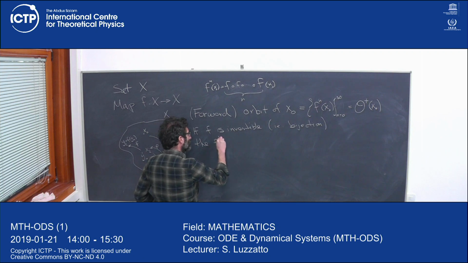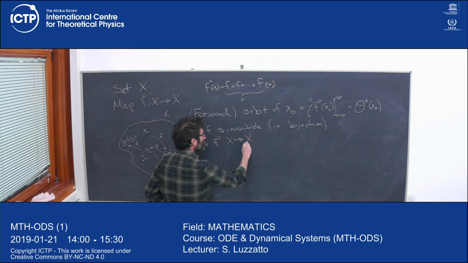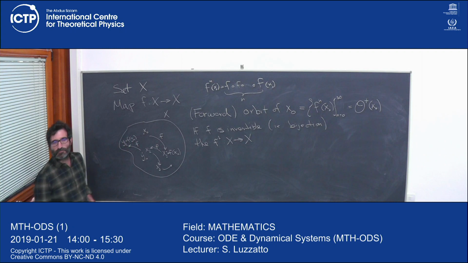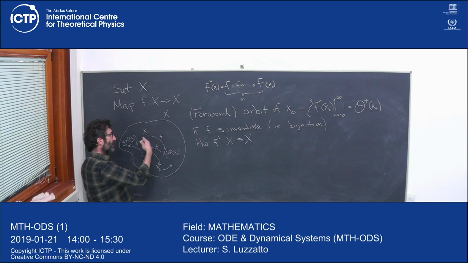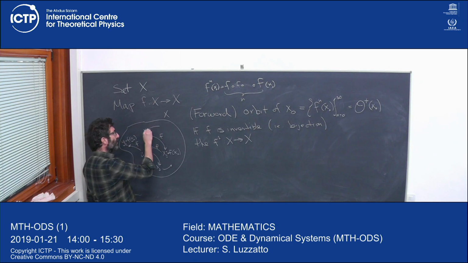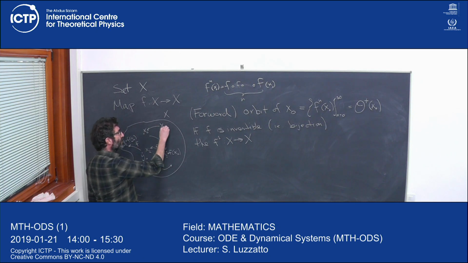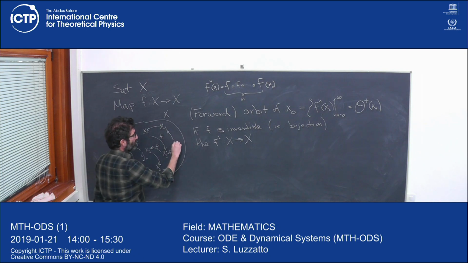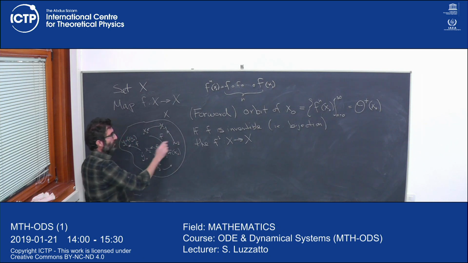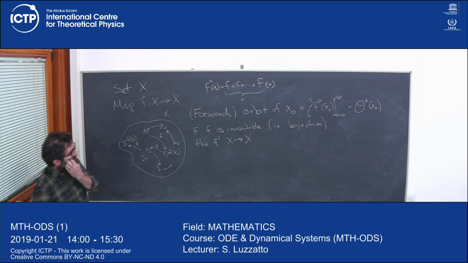Then we have f^-1 is also a map from X to X. Which means that there is an inverse, which means that x0 itself comes from some x_-1. Right? And then here there's some x_-2. These are the backward images of x0.